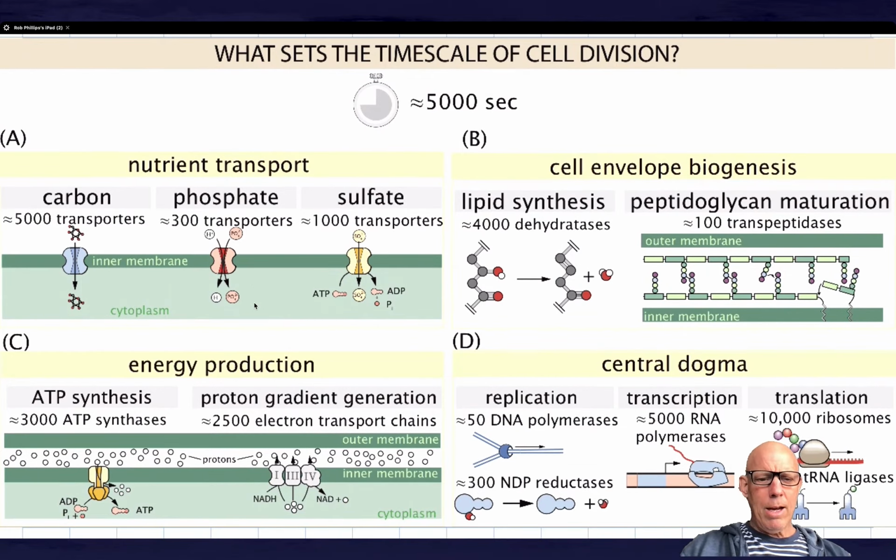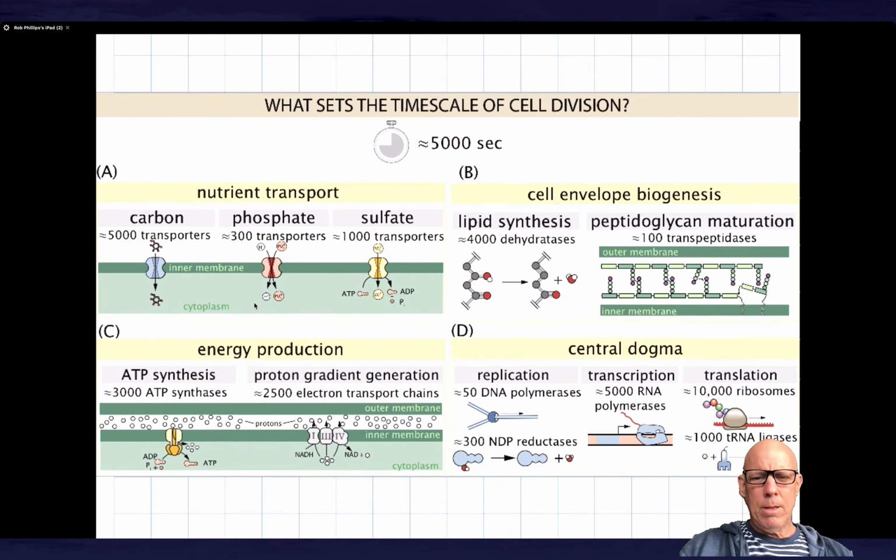So here's a recap of the things that we looked at. We posited all sorts of hypotheses about what might be rate limiting. This is a little bit higher resolution view than the example I gave before. We thought, well, maybe nutrient transport is limiting. We thought that perhaps the cell wall synthesis could be limiting. We thought, part C, that maybe energy production would be limiting. And then finally, we attacked the question of the central dogma.